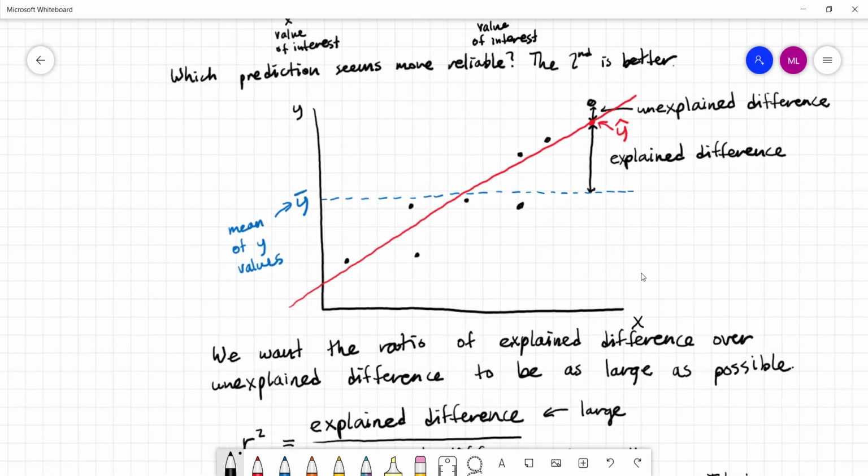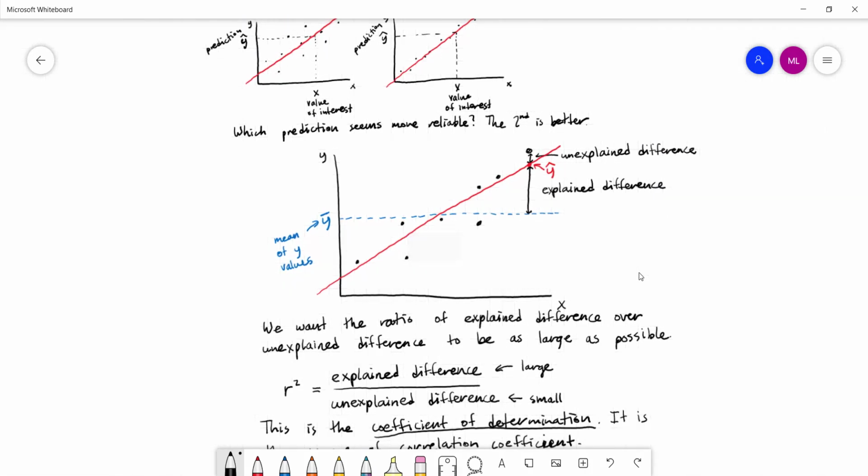But the whole idea behind it is that it's a measure that tells us how well our line actually approximates the trend of the data. How much of the trend line explains the trend of the data versus how much of it is unexplained and falls off of the trend line.